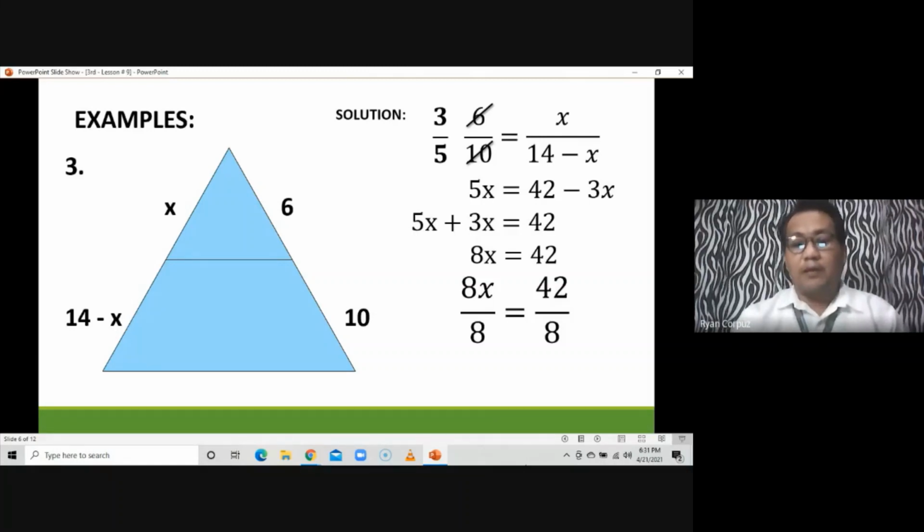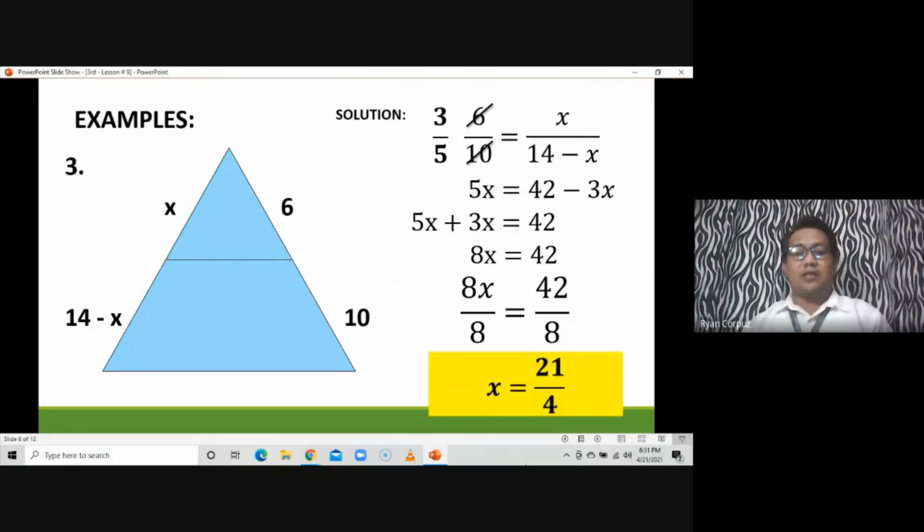So pag ginawa natin yon, magkakaroon tayo ng answer na value ng x, which is equal to 21/4. So ang value ng x na to, 21/4, na magsasatisfy to this given proportion. So, pag 21/4 yung value ng x, magiging equal yung two ratios na to. So, yun yung ibig sabihin nun.